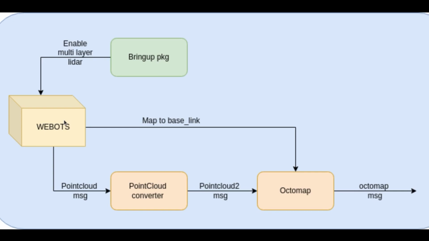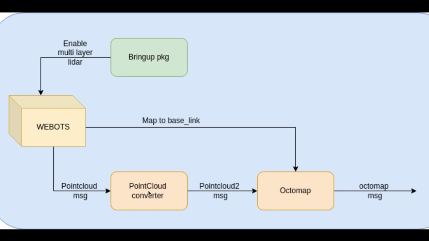From Webots we get a point cloud message, but the issue is that the ROS package of OctoMap only accepts topics of type PointCloud2. So we use a package named point cloud converter to convert our point cloud to the PointCloud2 type.